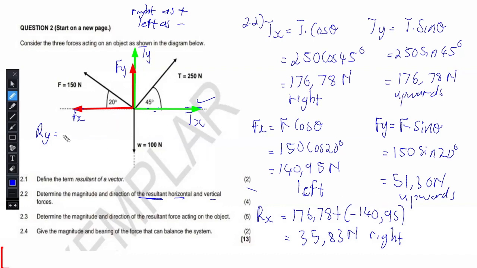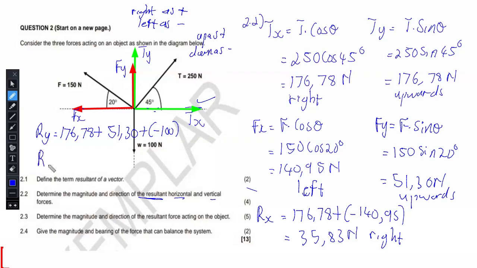So this is what we do. We are going to have 176.78 and then plus 51.30, but then remember the 100 here, plus negative 100. Why negative? Because it's acting downward, and then we chose up as positive, so that means down as negative.